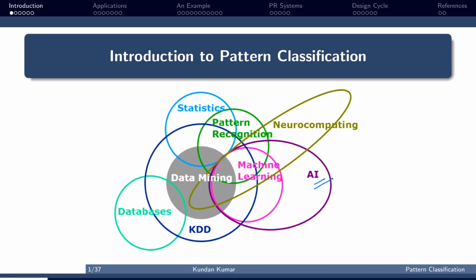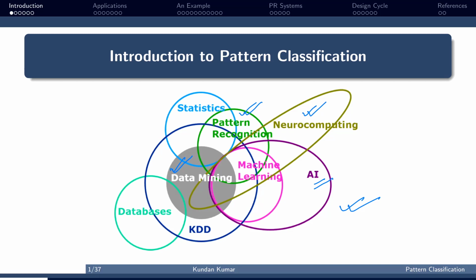Similarly, different terms like soft computing, data mining, and neurocomputing were coined by different domain experts, but these domains overlap each other as shown in this diagram, or you can call it the Venn diagram. If you look at pattern classification, this green circle shows the pattern classification.